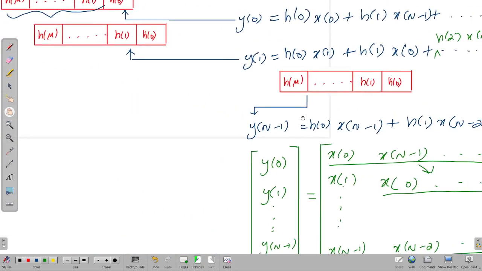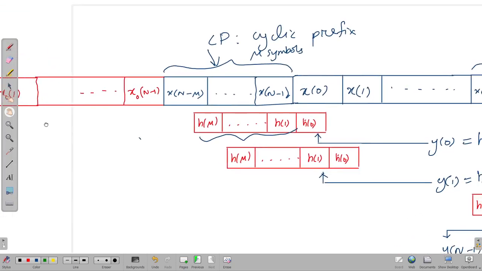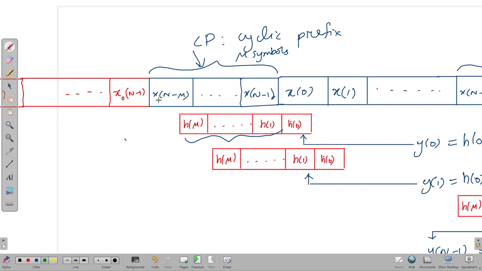And I want you to note 2 points. One is that when you add the cyclic prefix during the transmission, you start sampling from this point. The sampling starts here when your h of 0 is here, h of 0 into h of 0. So your sampling starts from this point, and you have mu number of symbols before that.